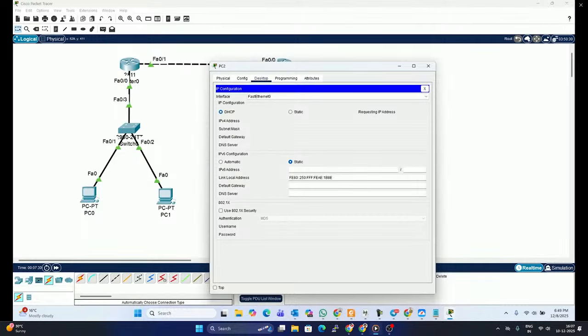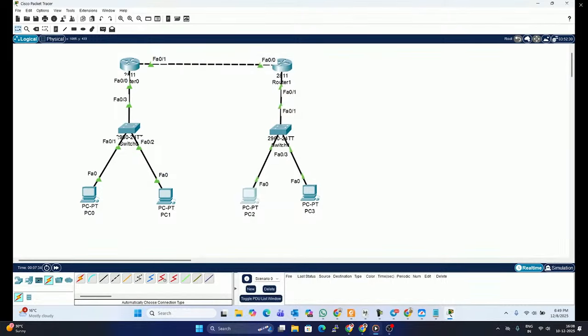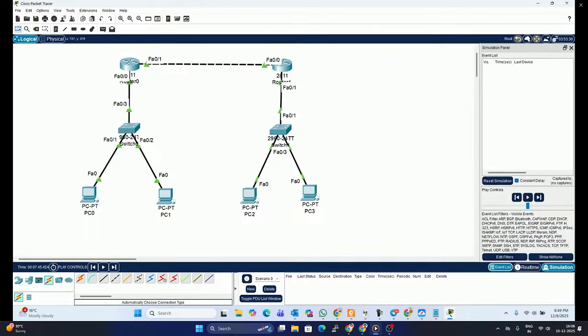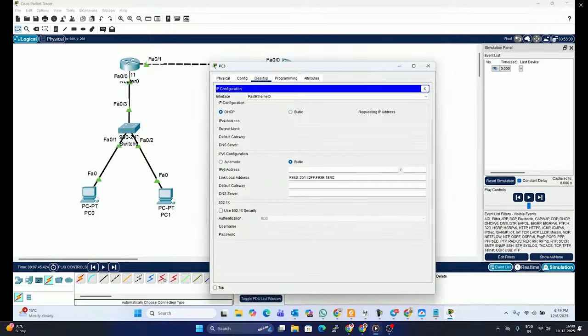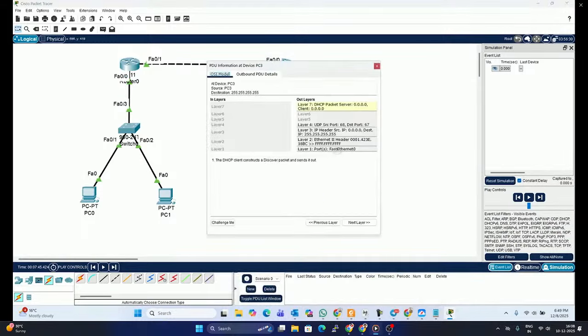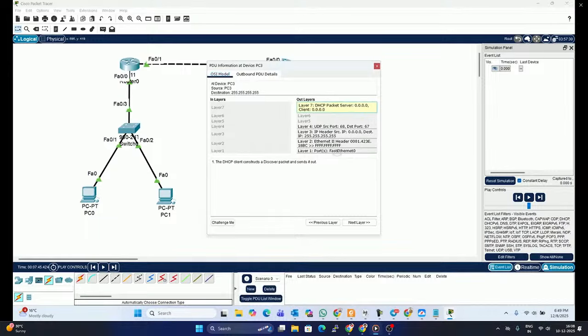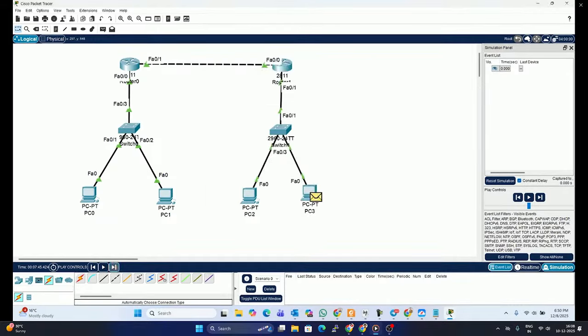They'll go to APIPA. DHCP failed, APIPA is being used. Why? Because if we go to simulation mode and go to the user desktop IP configuration DHCP, you notice that it's sending a DHCP discover message, but it's a broadcast. Now this broadcast will go to the switch.